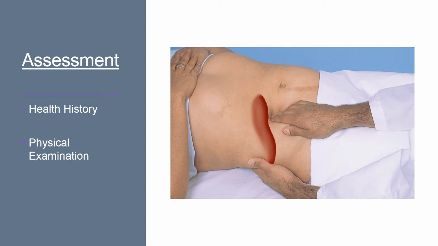You want to ask if they bruise easily. You want to ask about amenorrhea in women, and that's the cessation of regular menses for 3 months, or the cessation of irregular menses for 6 months. And of course, these are for women who are not in menopause.